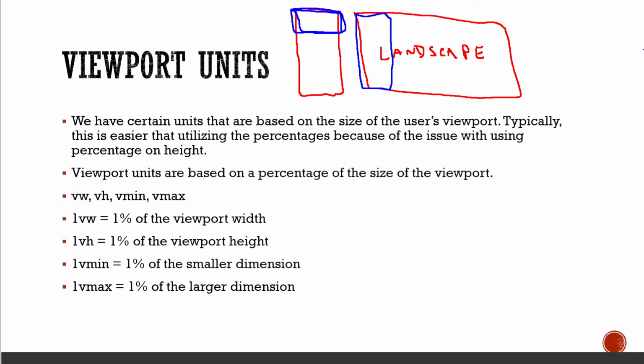So we could have a relative size that's always going to be the minimum length of the viewport. If we change the size of our window to be a portrait window, or make the landscape wider, we could use vmin, and it's always going to be relative to that shorter side. Vmax, again, is the opposite. It's going to be the longer dimension regardless.